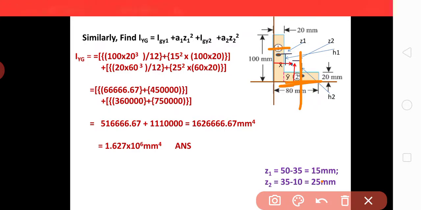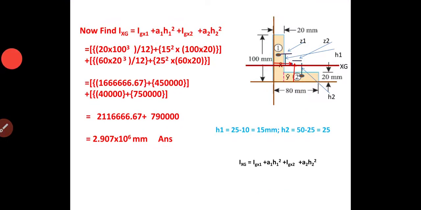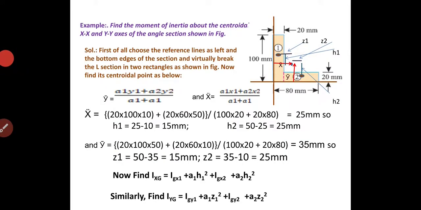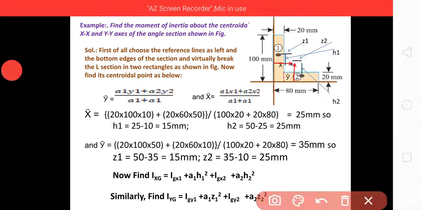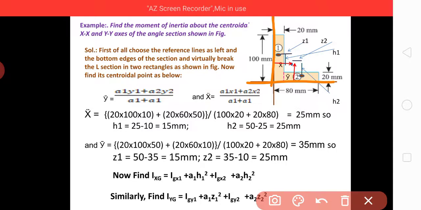Let us recollect what we have to do for this problem. First define the reference lines. We have defined here the left edge and the bottom edge. Then break this lamina into two typical shapes, that is two rectangles, rectangle 1 and rectangle 2.